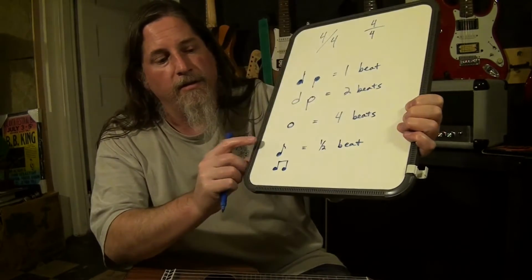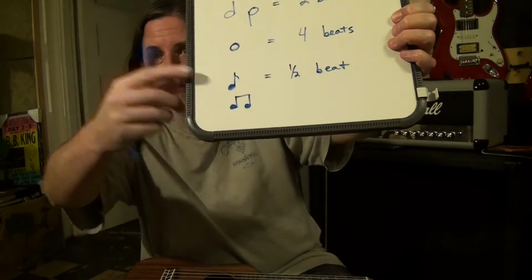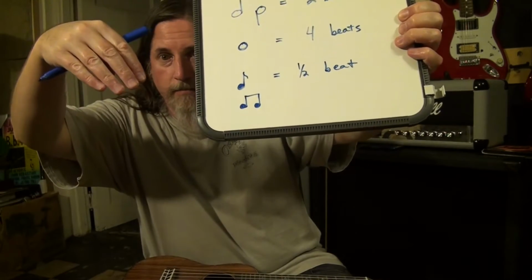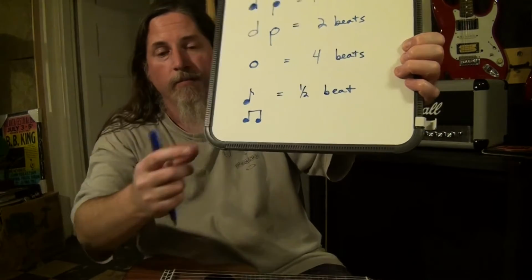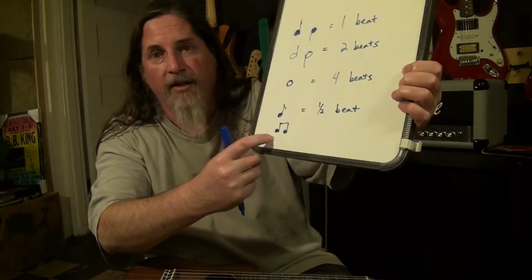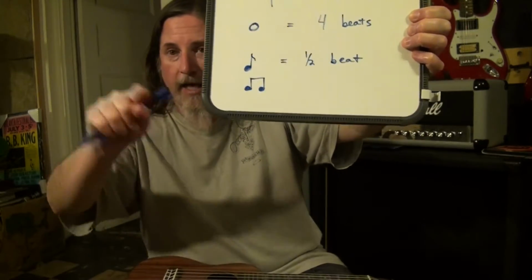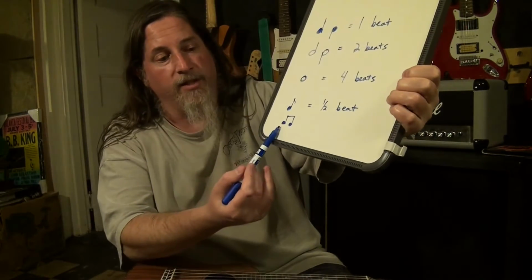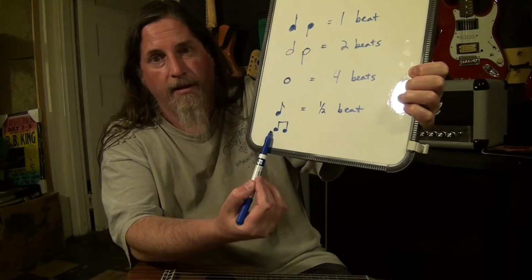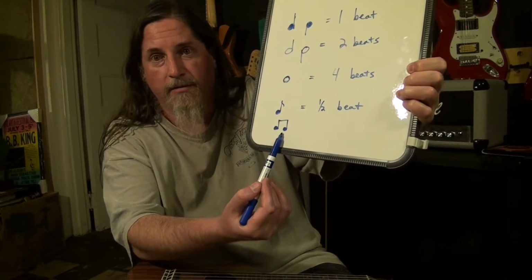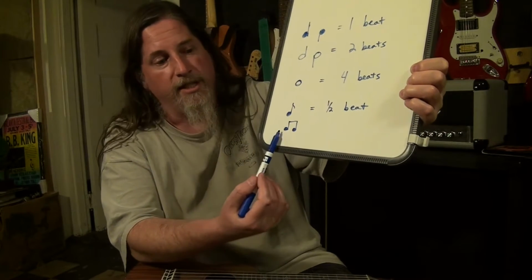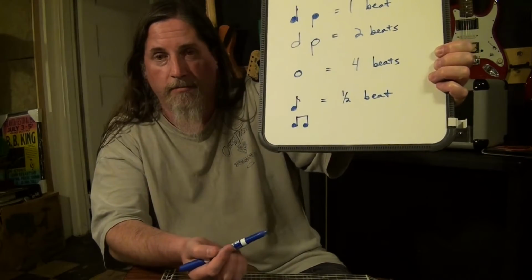On the top one here, the flag is just sort of dangling. It's not attached to anything. When we have two of them together, the flags kind of hold hands, and that's that line across the top. So this is a half of a beat and a half of a beat. It's two separate notes, each of them a half of a beat.